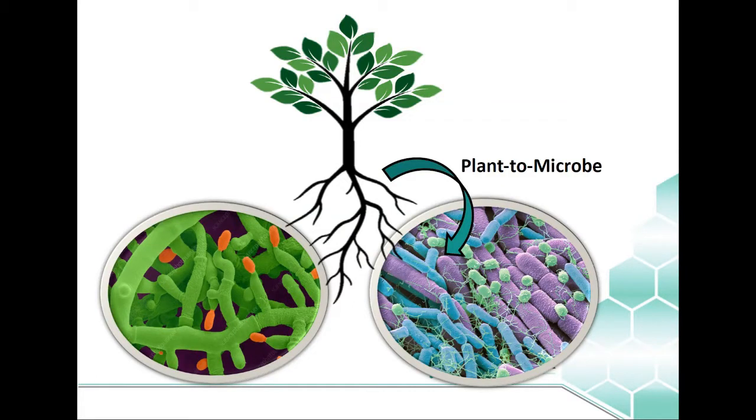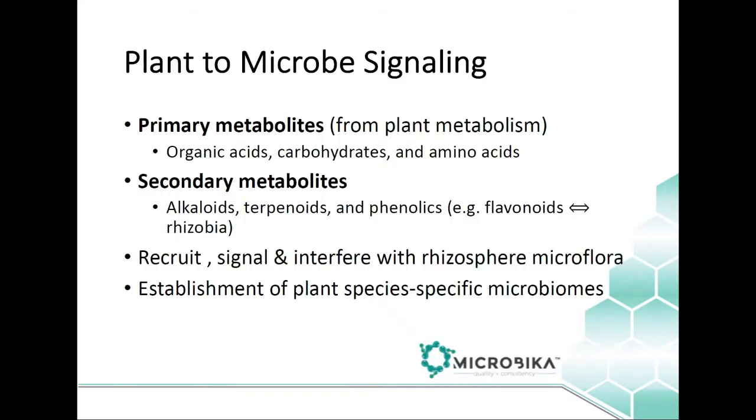Okay, so first we're going to look at how the plant communicates with microbes. Plants use metabolites from primary metabolism, for example, organic acids, carbohydrates, amino acids, basically carbon sources and nitrogen sources, that it secretes to tell microbes there is a source of food available.